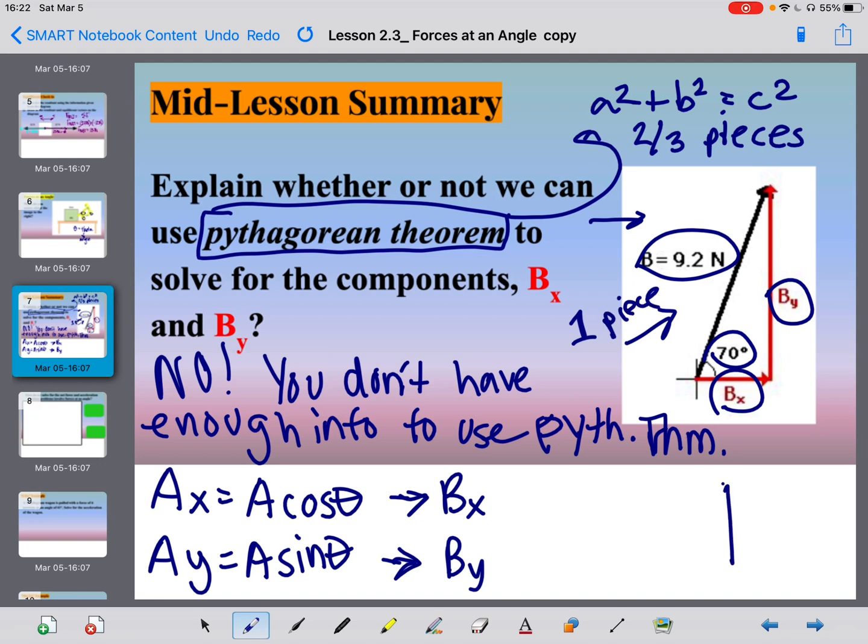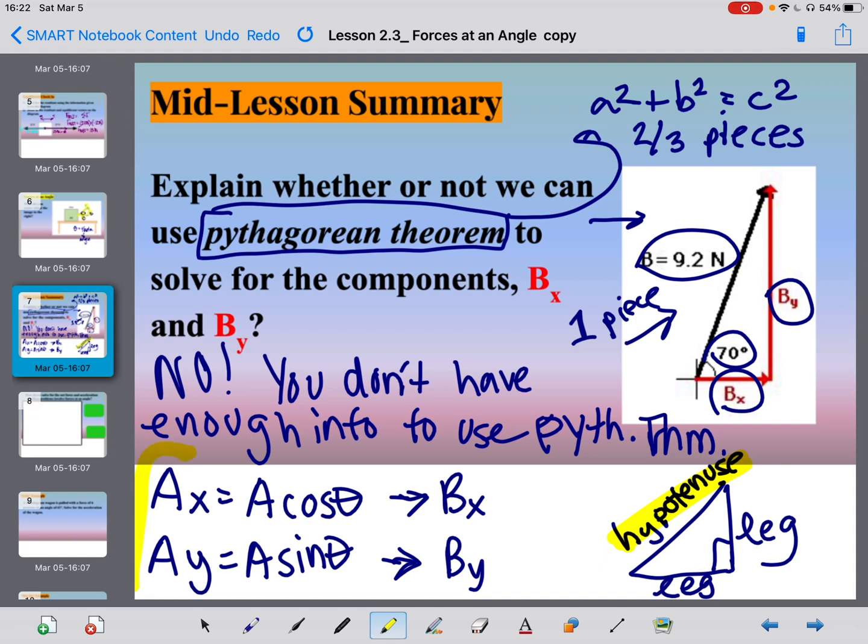When you draw a regular triangle, you have this right angle, this is a leg, and then this is your hypotenuse. If you have this one and this one, then you can look for this leg. However, in the following example, you only have the hypotenuse and 2 missing legs, so that's not going to work. That's why we have to use these 2 formulas right here.